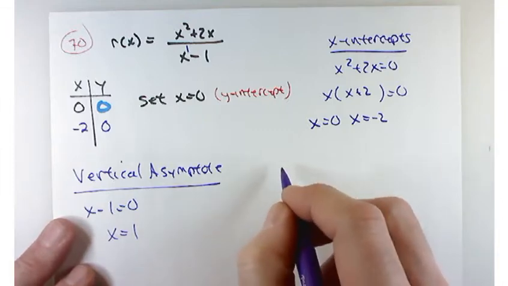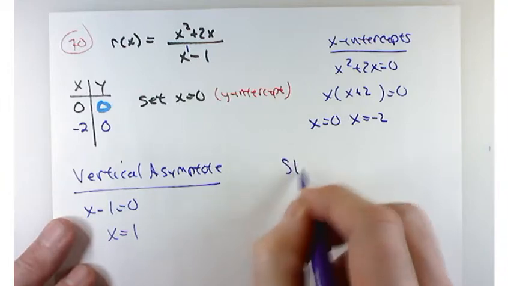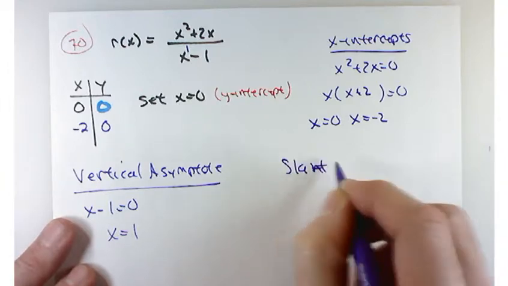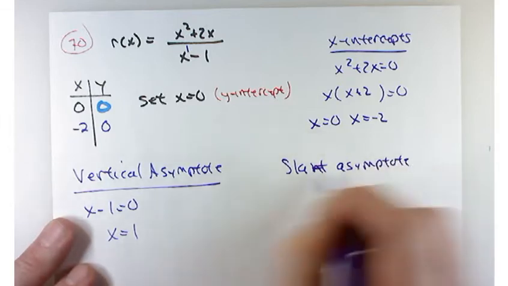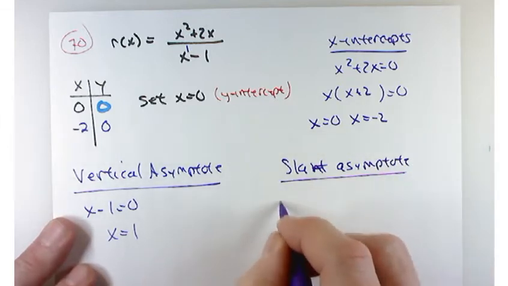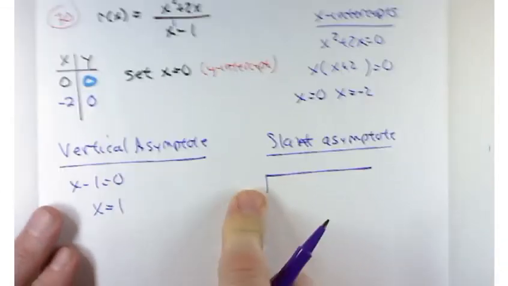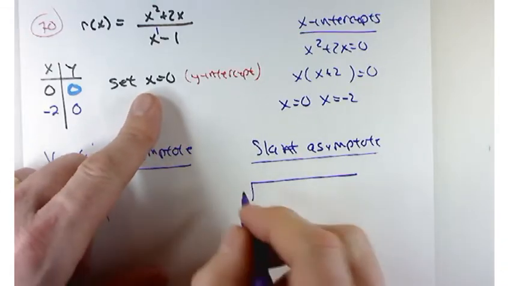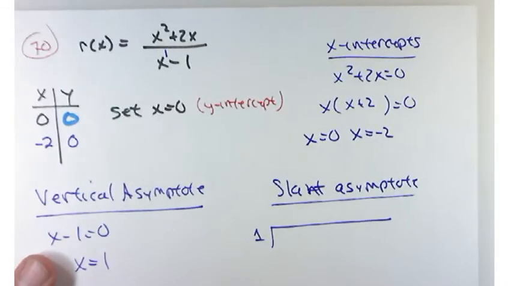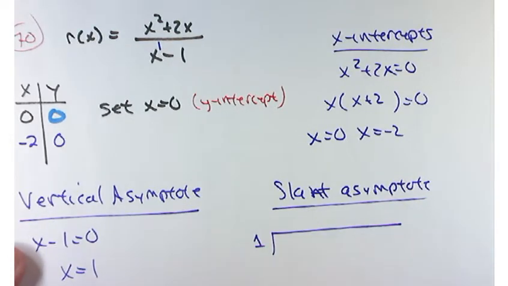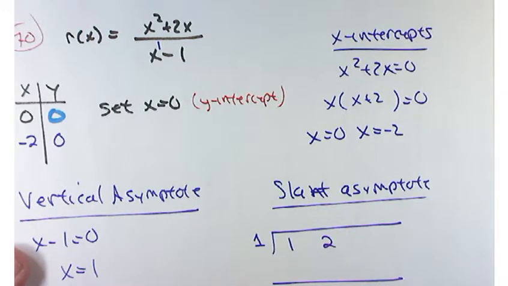So if we're going to do this synthetically to find our slant asymptote, then what number goes out in front? A 1. Good. And what numbers go underneath here? 1, 2. Ooh. You'd struggle if you just did 1 and 2.